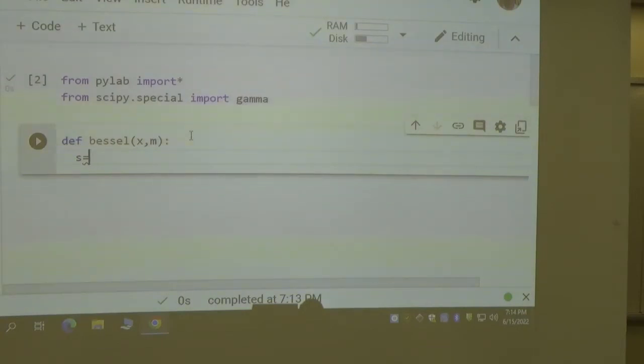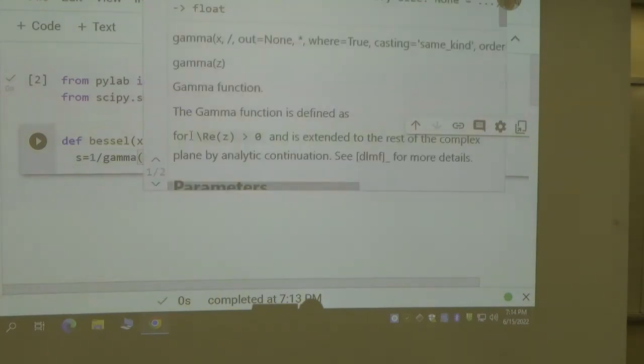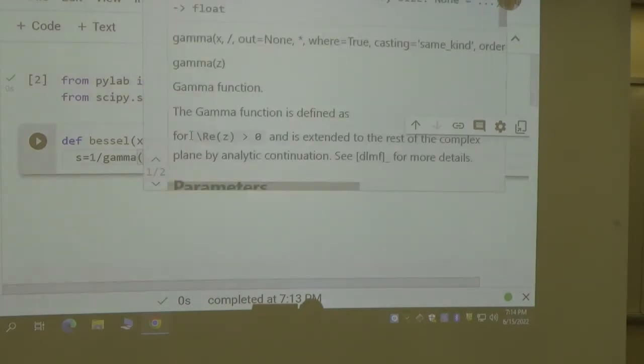It's negative 1 to the 0th power, so it's 1 over gamma of, very first one is 0. Oh, so that's just 1. And the second one is 0 plus n plus 1.